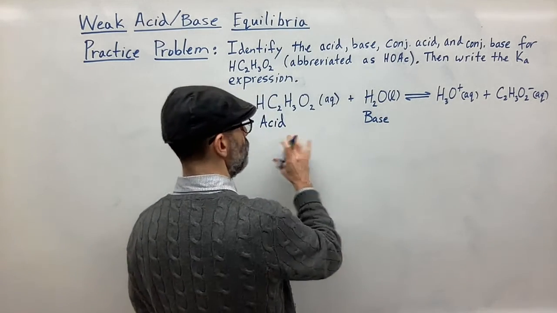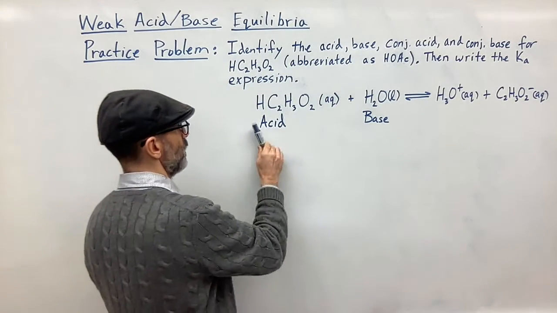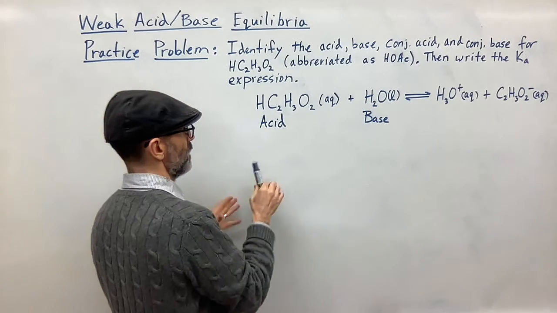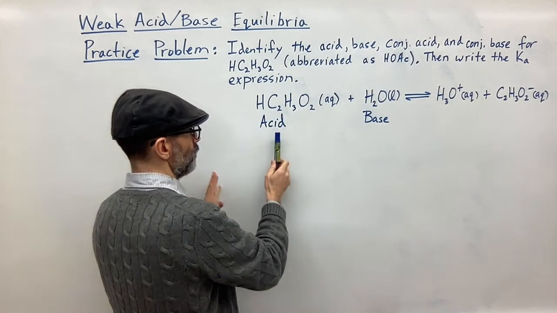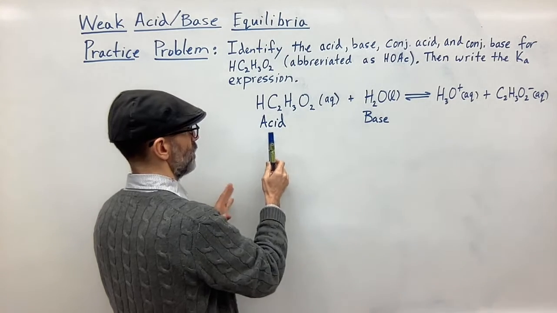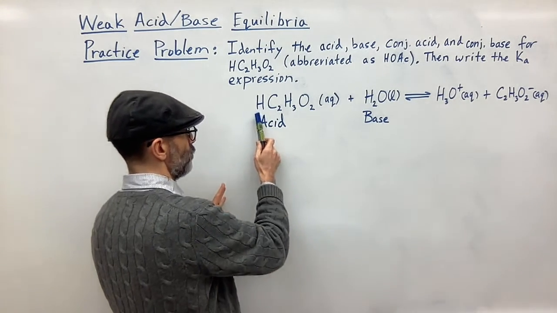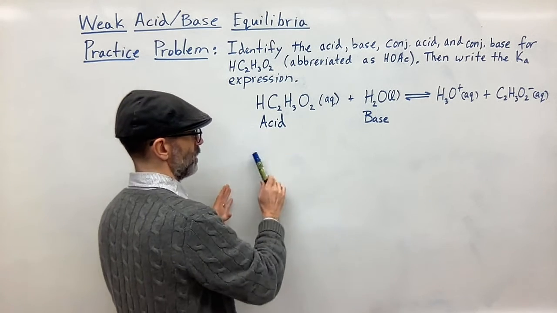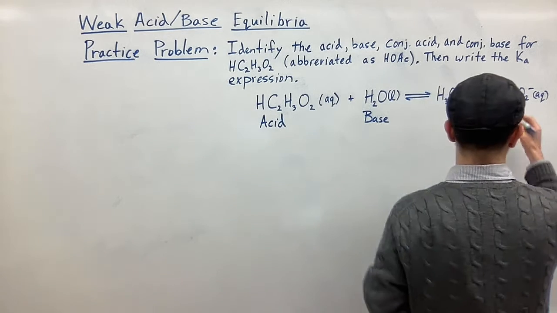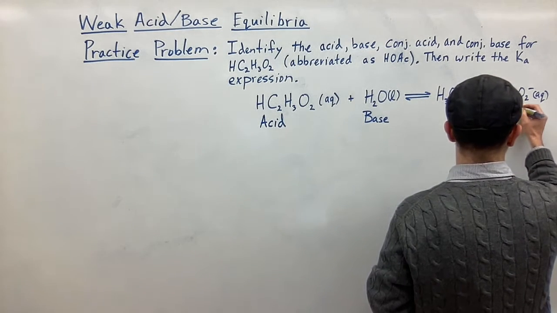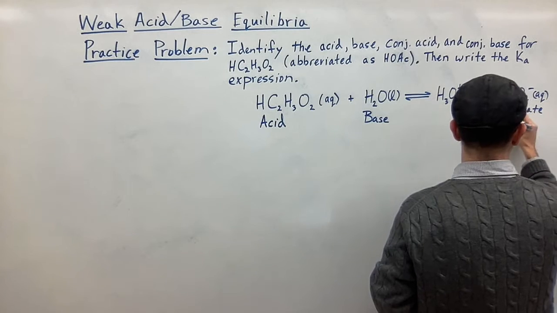Okay, so now we need to find the conjugate acid and conjugate base. So we look at the acid, we want to find the conjugate base of the acid. Remember, the difference between the acid and the conjugate base is just a proton. So whatever's left over after you remove the hydrogen, that's going to be our conjugate base. So that would be this right here. So this is going to be our conjugate base.